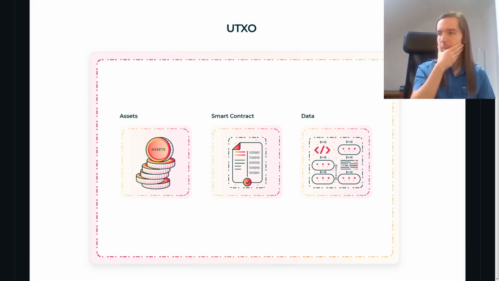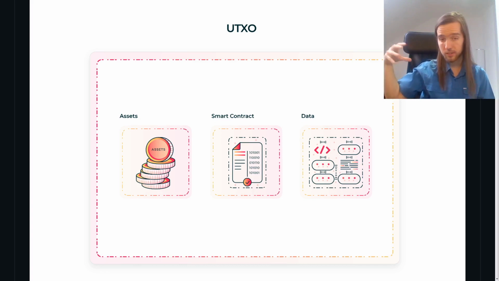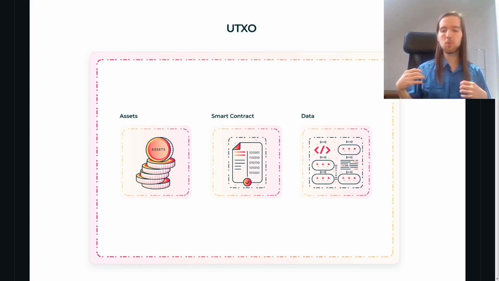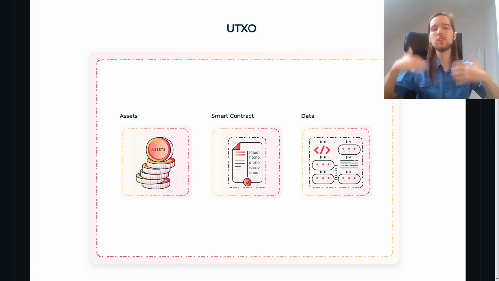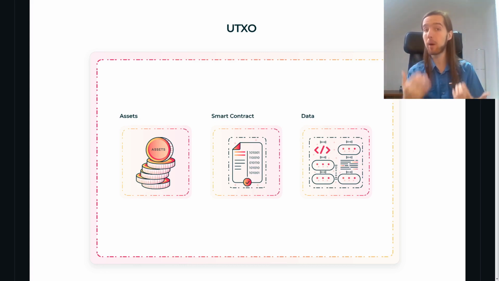In other words, what we can kind of visualize Ergo and Cardano for the UTXO perspective is that it's much more of a natural step forward, building on top of the original design that Satoshi Nakamoto came up with.